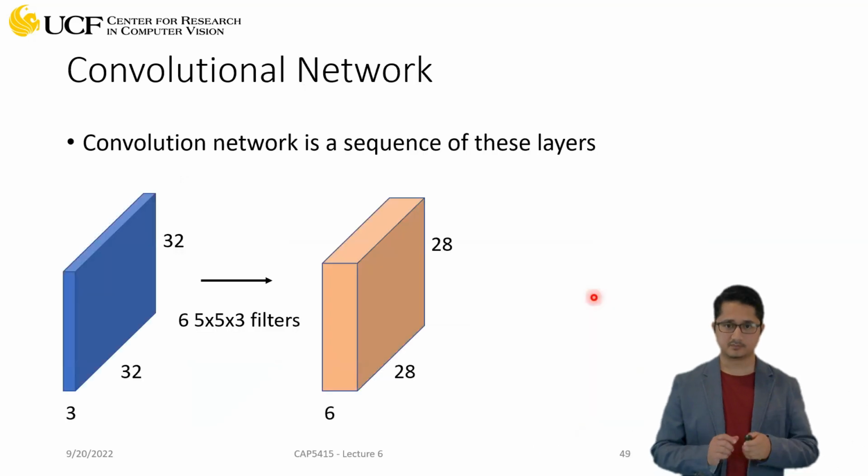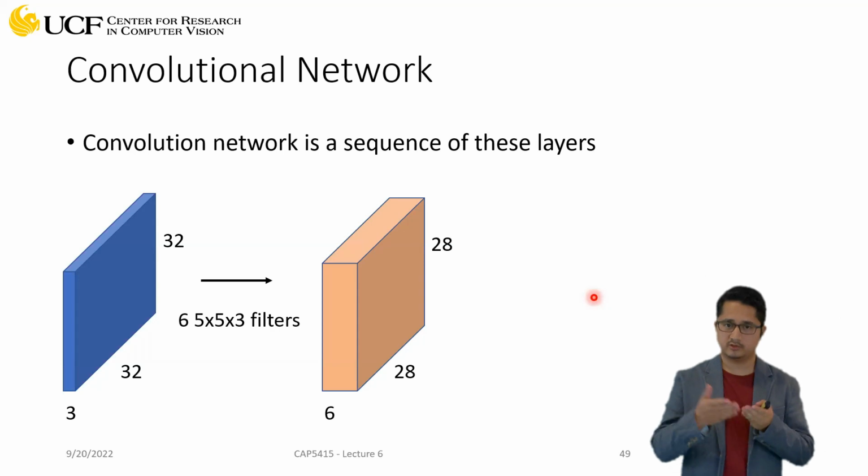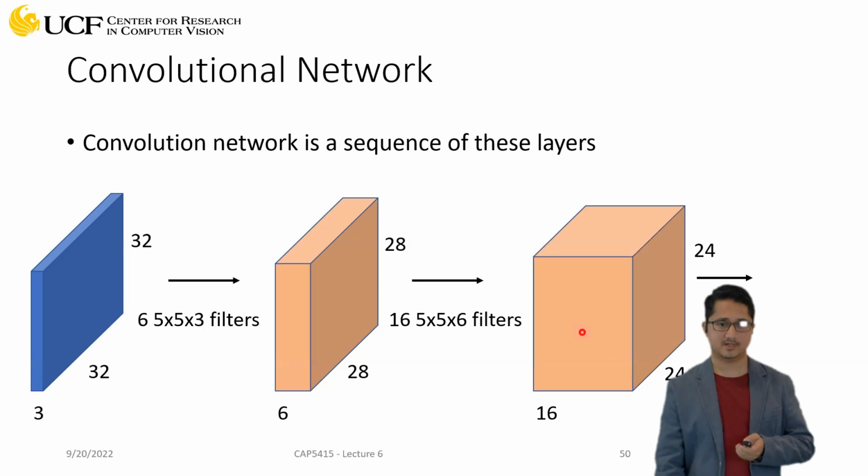All right. So this is one convolutional neural network with one layer. You can just stack these convolution layers on top of each other. So that's the first layer. Then you can add one more layer. In this case, the second layer has 16 different kernels. The kernel size is 5 cross 5. And you can see the third dimension we can't control. The 6 is coming from the depth of the input feature map.